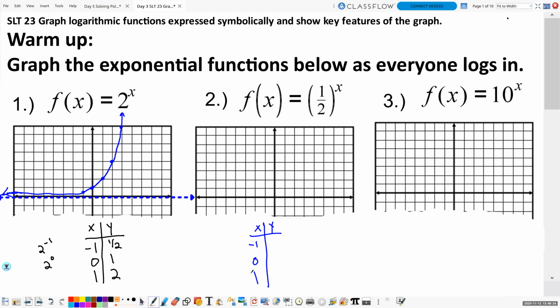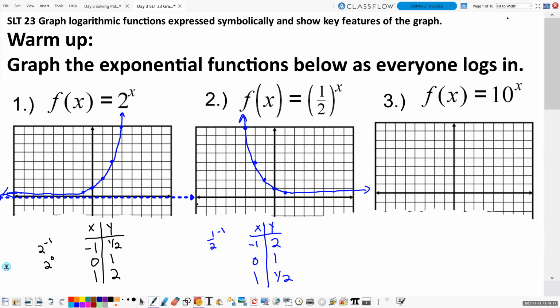What about 0? 1. Beautiful. And then 1? 1/2. Love it. So let's see. 2, 1, 1/2. And then up here would be 4. And then up here would be 8. And there's our exponential decay function. And here is its horizontal asymptote.